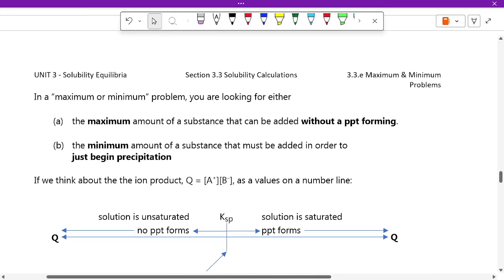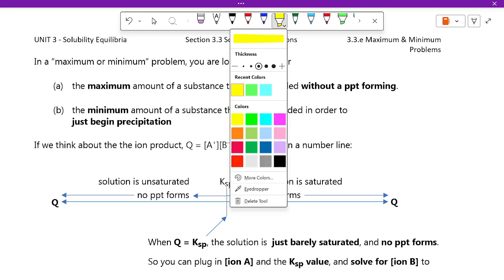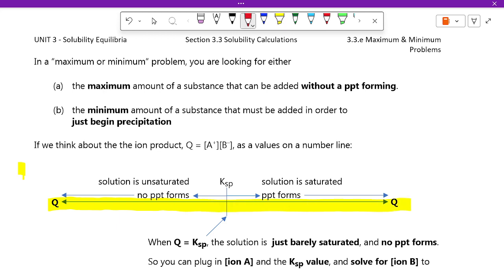So here is a thought about the maximum and minimum thing, and this is sort of visualizing that knife's edge between precipitate and no precipitate. When we have our Q value, so along this axis we have Q, right? And here we have KSP.